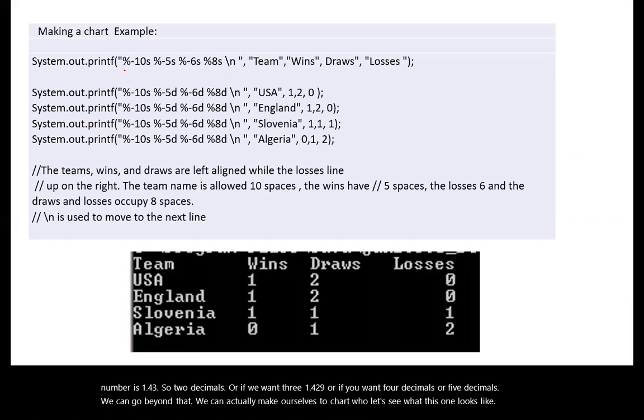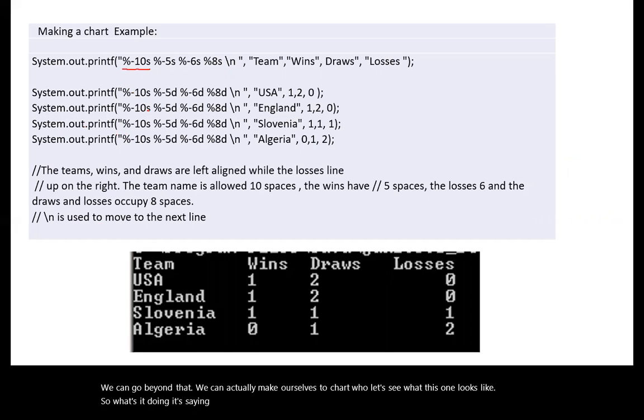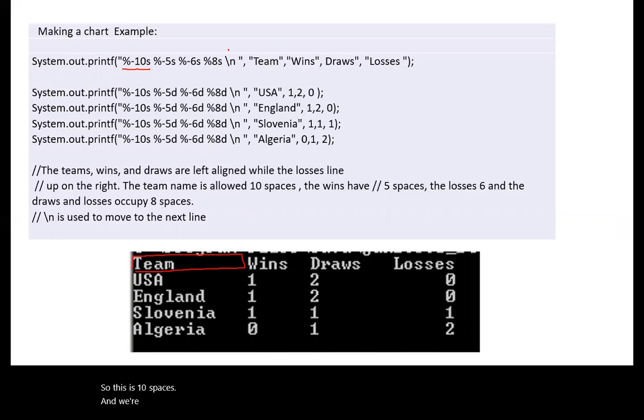So what's it doing? It's saying take 10 spaces. So this is 10 spaces. And we're going to write the word team. S stands for string. So last time we had F, which was a floating point number. This time we have a string.